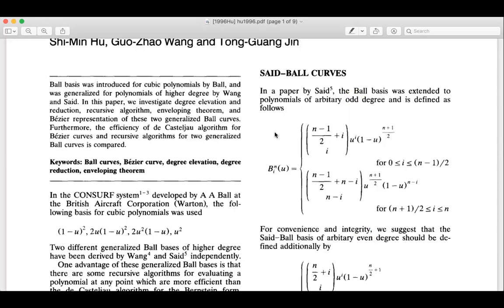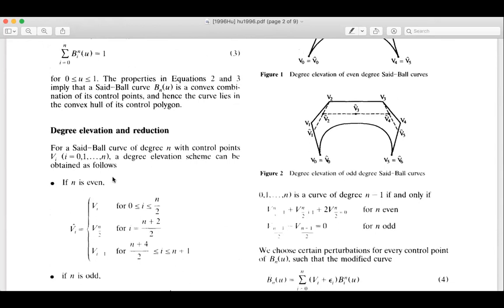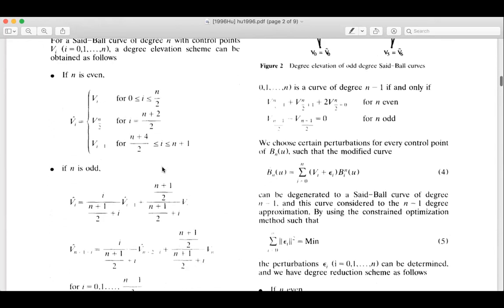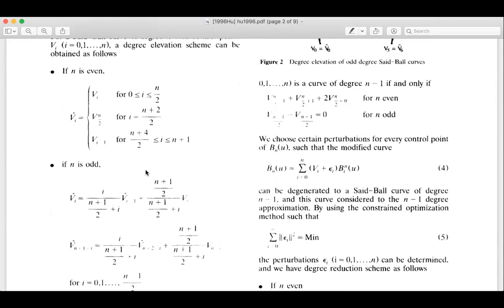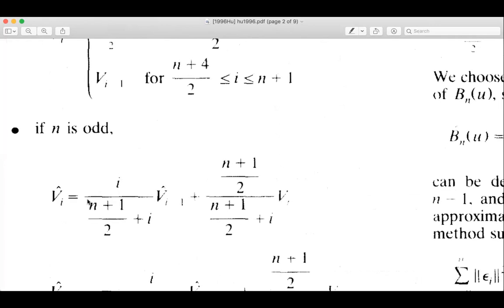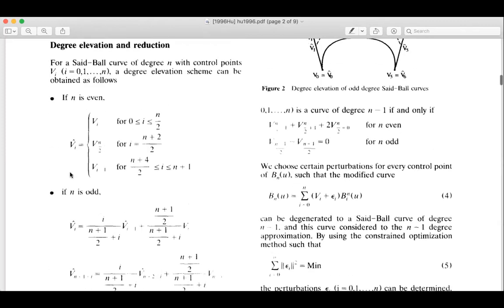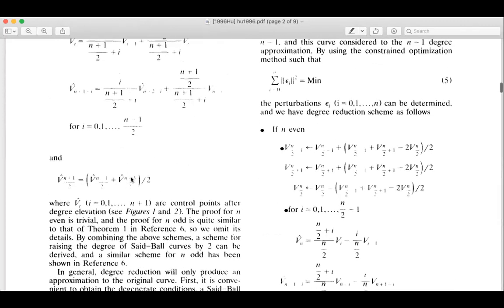And here is the degree elevation and reduction. If I ask you to write a program to find the degree reduction and degree elevation for Said-Ball, you can use this formula.